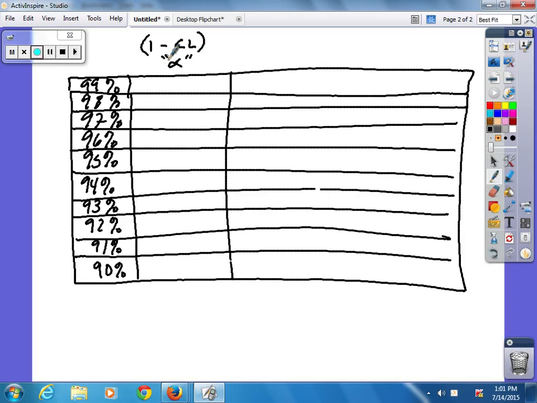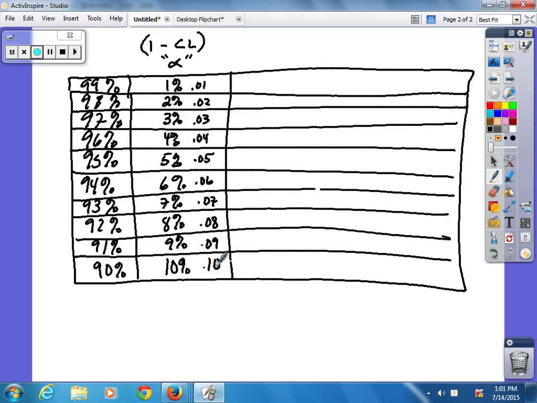So, 0.01 or 1%, 2%, 3%, 4%, 5%, 6%, 7%, 8%, 9%, and 10%. And these are alphas, so you can write them 0.01, 0.02, 0.03, 0.04, 0.05, 0.06, 0.07, 0.08, 0.09, and 0.10.